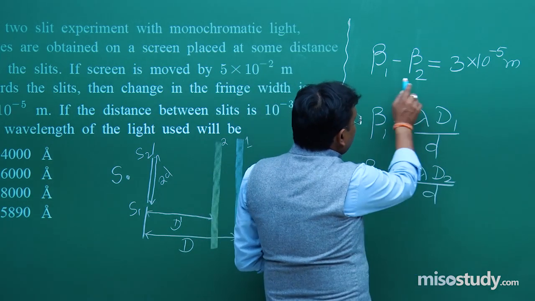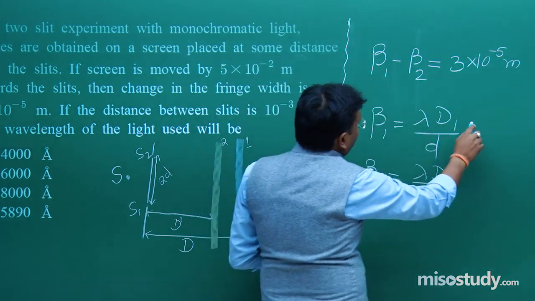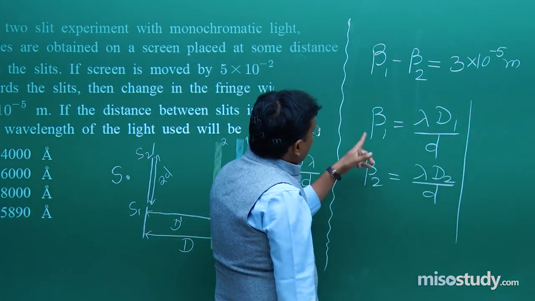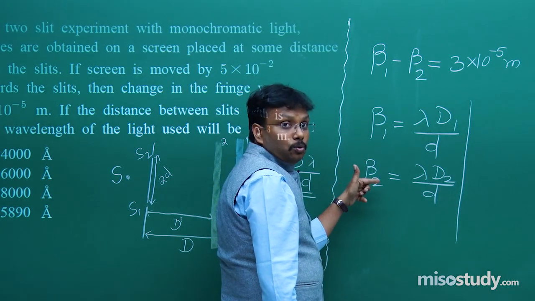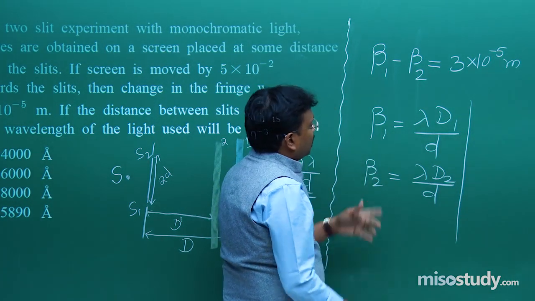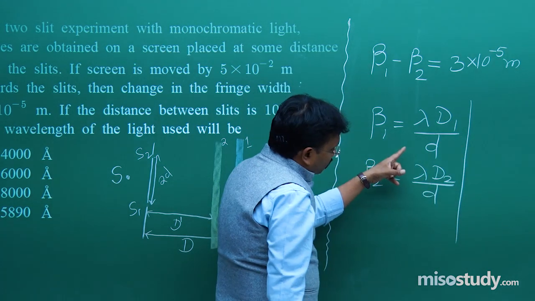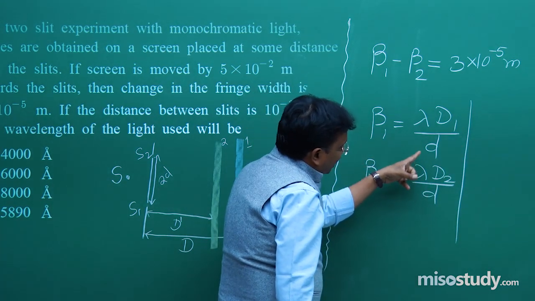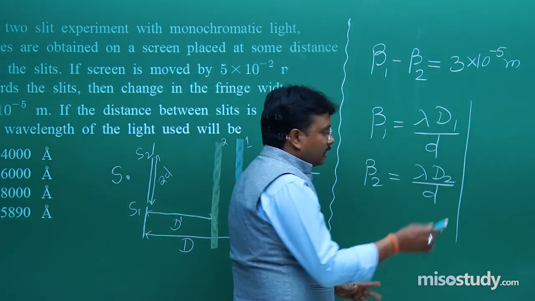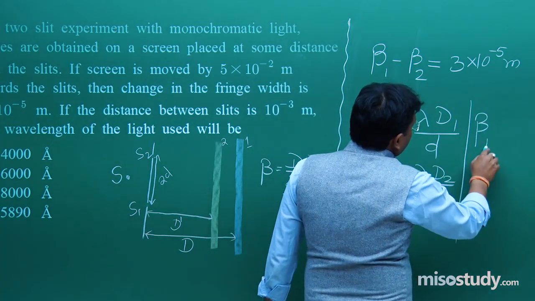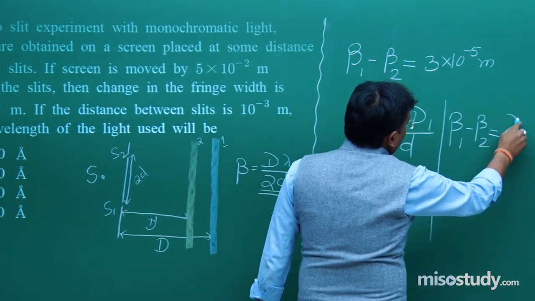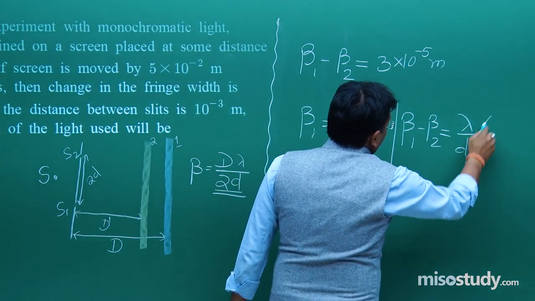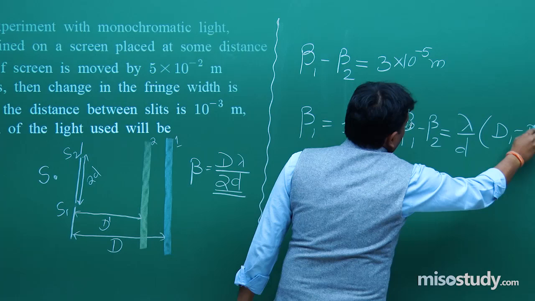So if we use this result, what can I write down? I can write beta 1 minus beta 2, take out this lambda by d common, D1 minus D2. That is, beta 1 minus beta 2 is equal to lambda by d, times D1 minus D2.